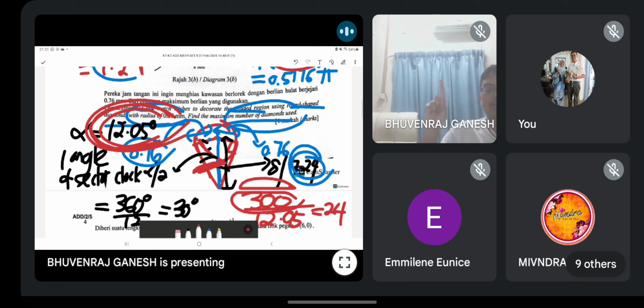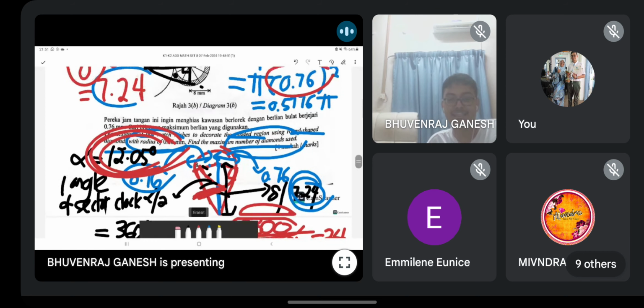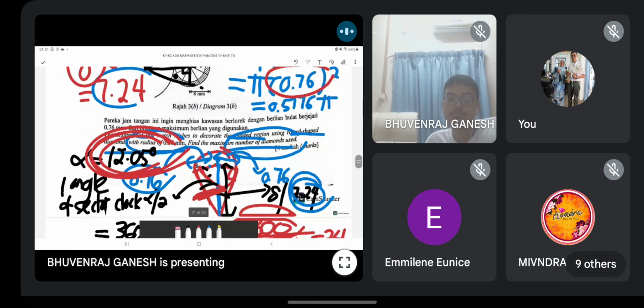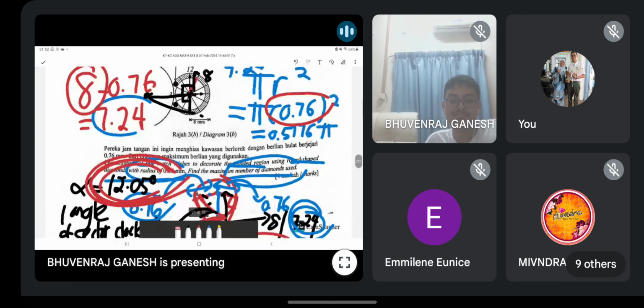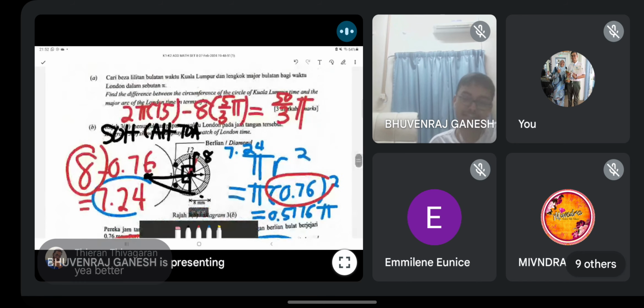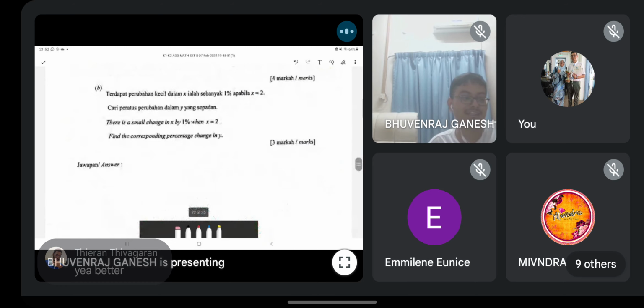Total angle divided by angle for satu sector equals bilangan sector, which equals bilangan berlian. Can you guys see it? Boleh faham? Can Steven? Okay or not now? Can get it? Okay. Good.